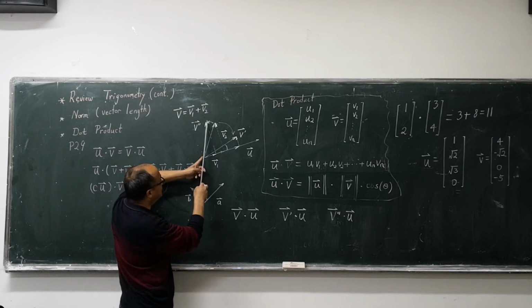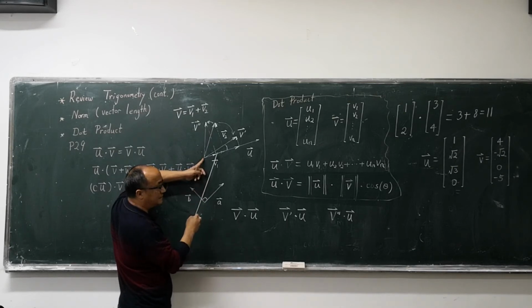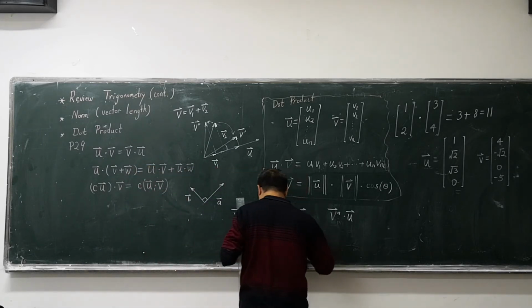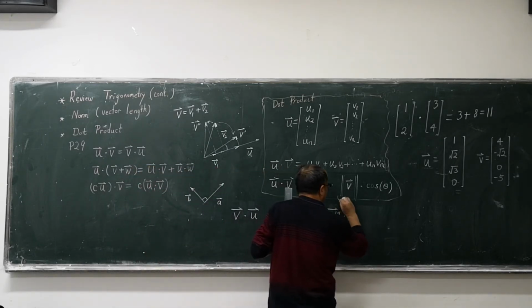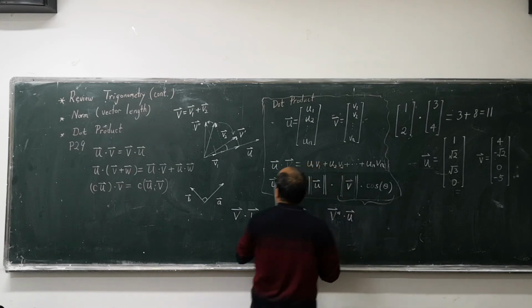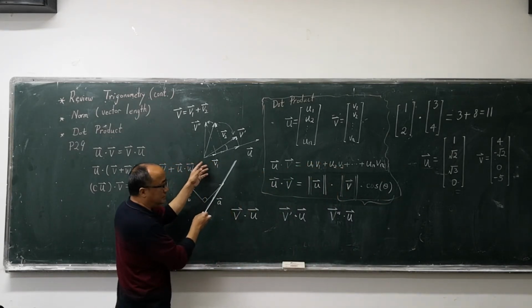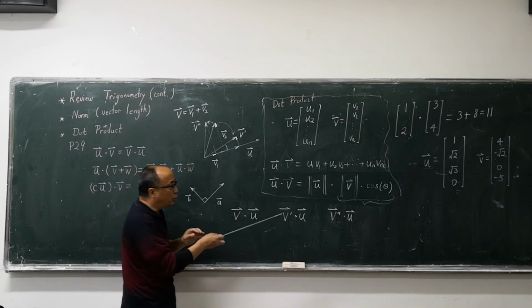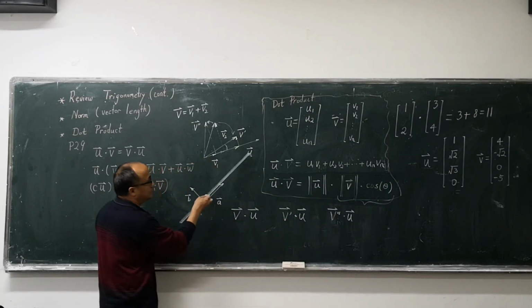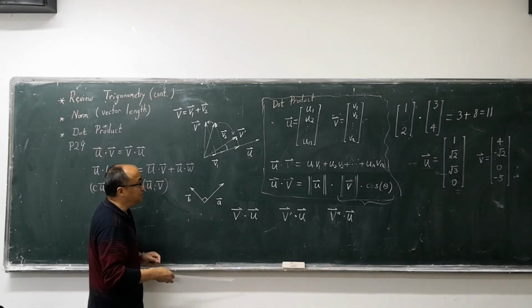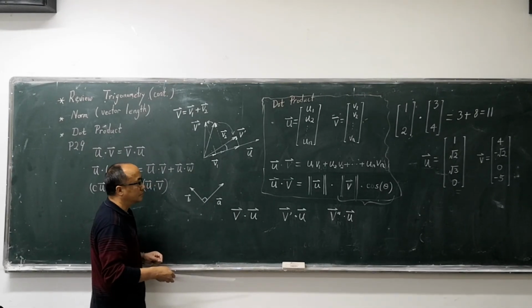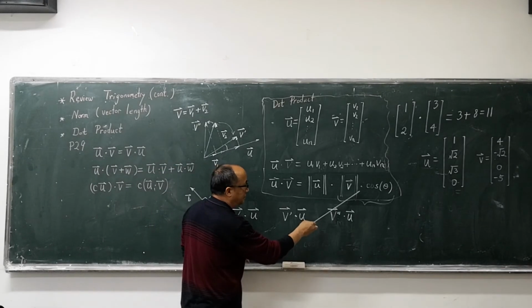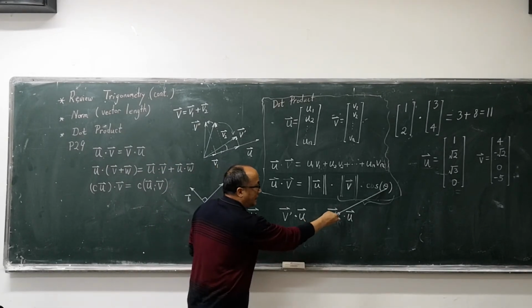When it's here, you times the cosine, you get this. This part is the ingredient in the user direction. You find this when it is 90 degrees.